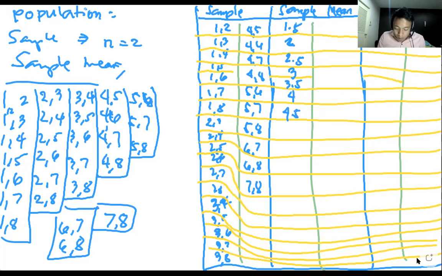2 plus 3, that's 5, divided by 2 is 2.5. 2 plus 4 is 6, so 3. 2, 5 is 3.5. 2, 6, that is 4. 2, 7, 4.5.